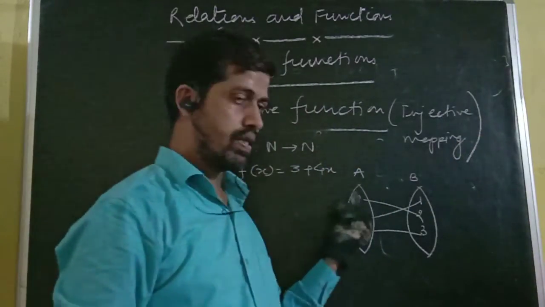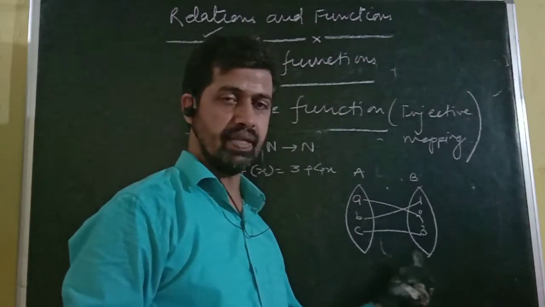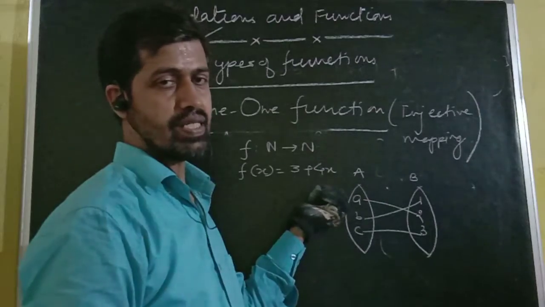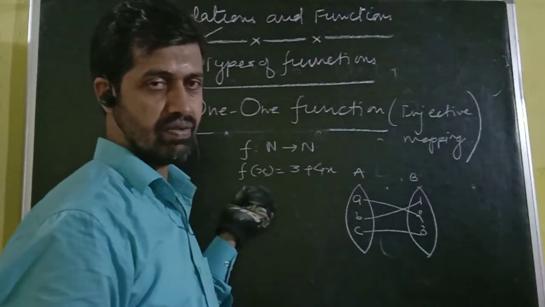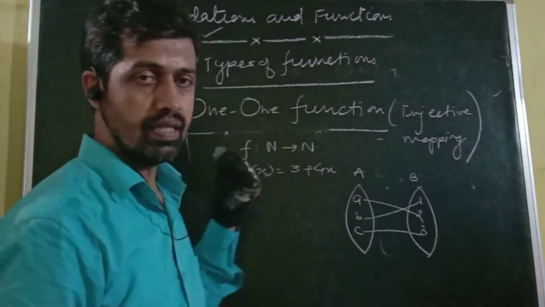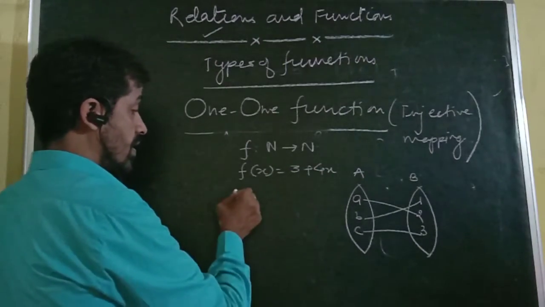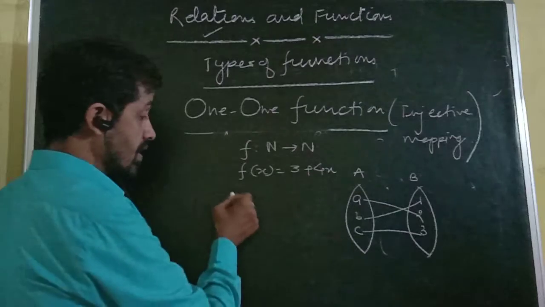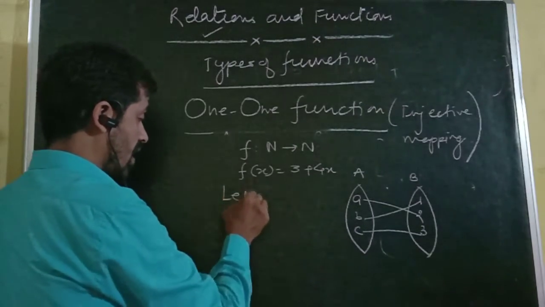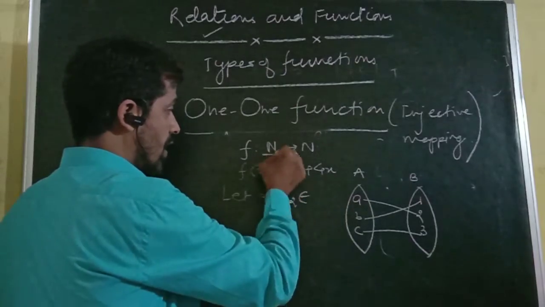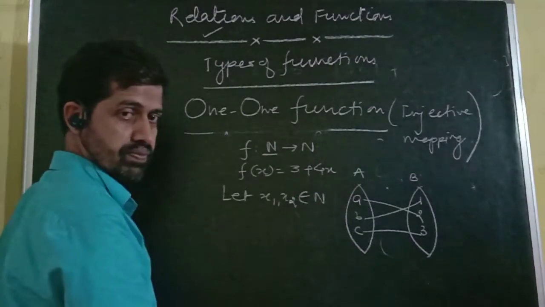So different elements of the domain have different images. This concept we use to prove injectiveness of a function for infinite sets. Now see how we start. Let us take x1 and x2 as two elements of the domain.